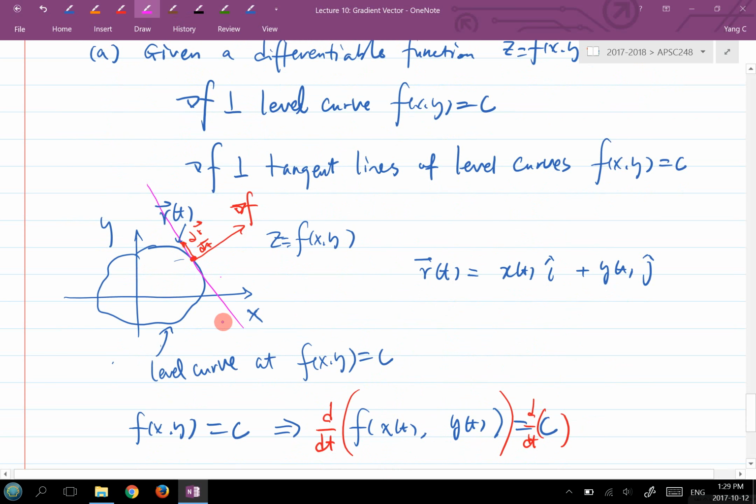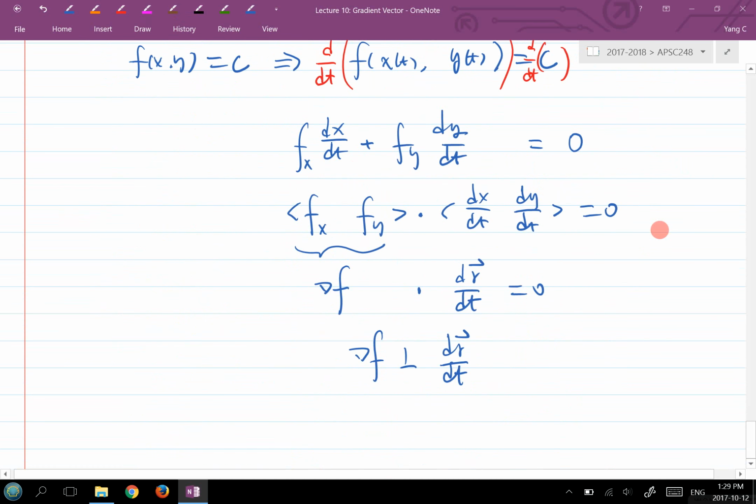Good. So that's actually an important conclusion. We will make use of this when we try to find the min and max for certain functions.